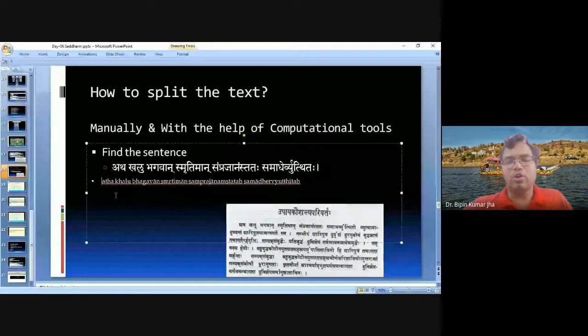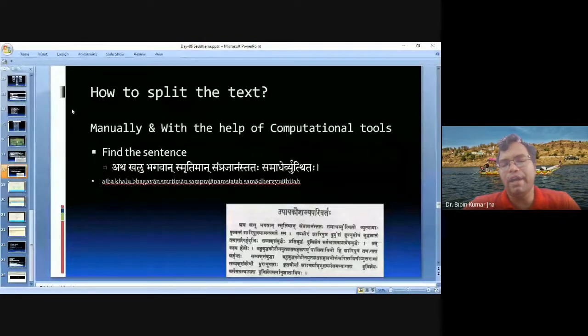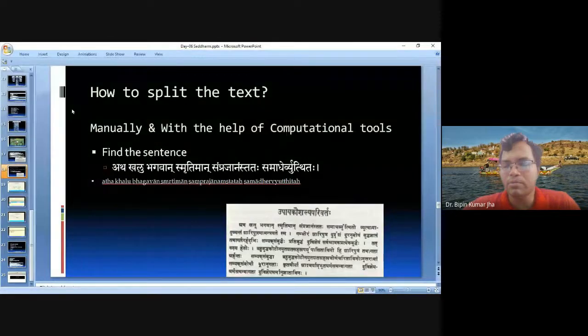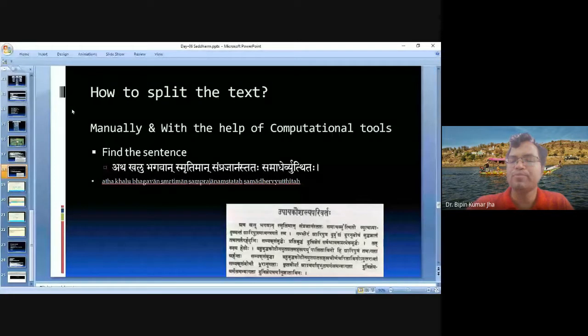Now I am just trying to say in which way you can split each and every term, and how you can find the meaning of that particular term, and how you can compile the meaning of the whole sentence, because here you are finding one paragraph. Okay, here you are finding one paragraph.